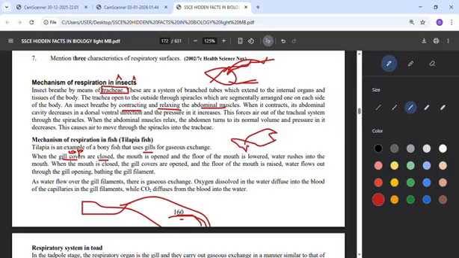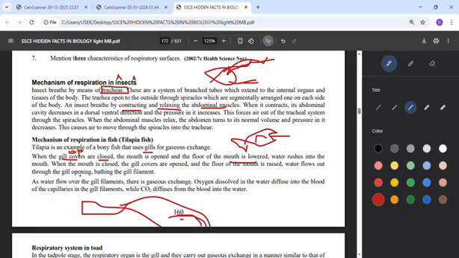So while the gill cover is closed, the mouth will be open. Why? So that water can enter, and it will make sure its mouth is lowered so that water can rush into that mouth.